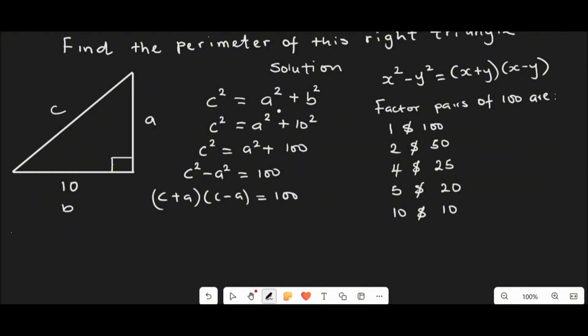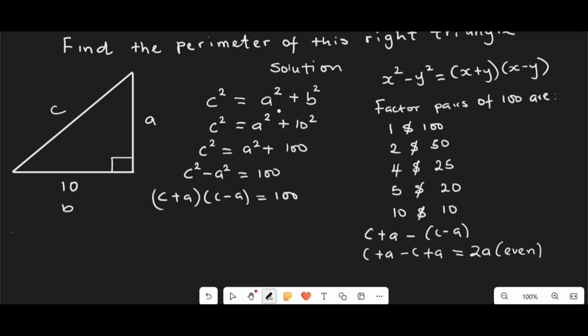Let us say C plus A minus C minus A. Minus times C will give us minus C. Minus times minus will give us plus A. So C plus A minus C plus A is equal to 2A. You will know that 2 multiplied by any number will always be even. That means this one will be even.